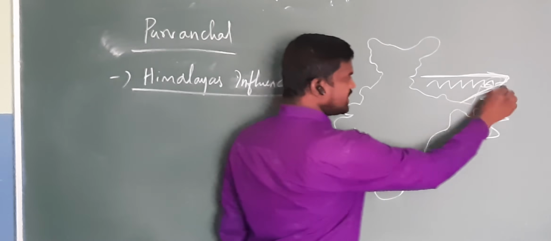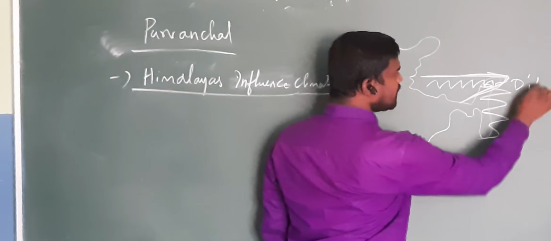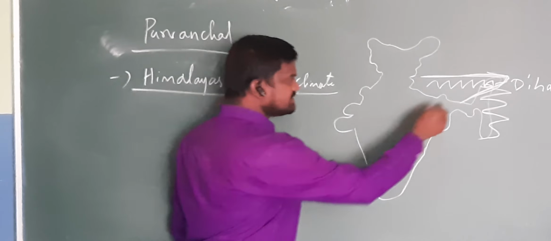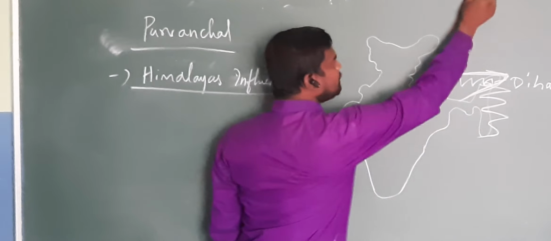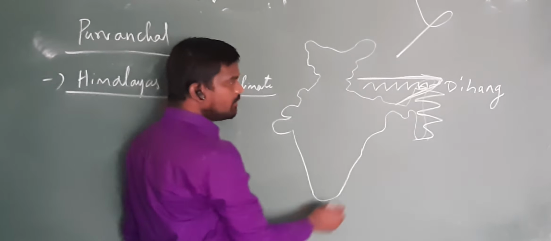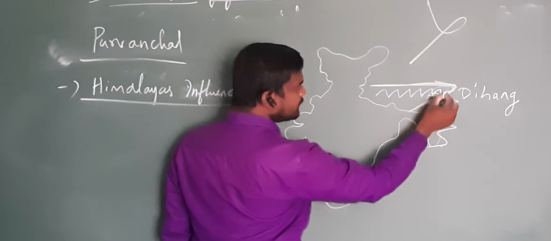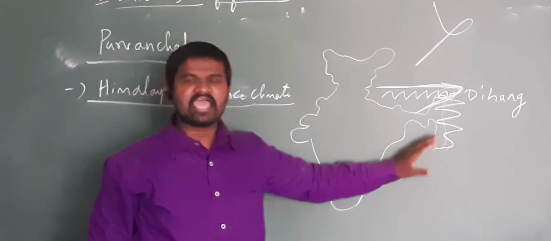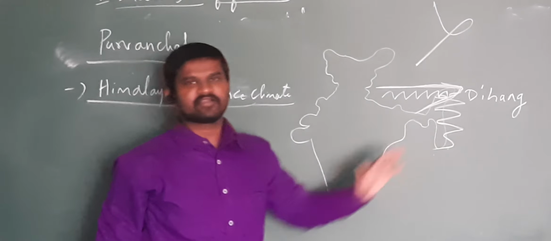In Arunachal Pradesh, near Dihang Valley, these Himalayas take a sharp bend to the south. Means the Himalayas are turning toward the southern side. These Himalayas act as a boundary of our country.